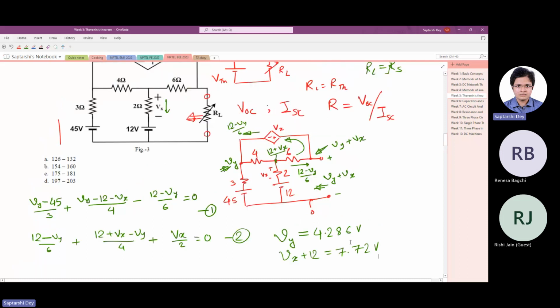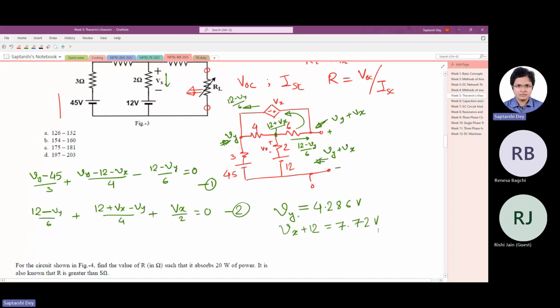No, wait a minute. I took it from somewhere else. It should not be 4. Did you open circuit or short circuit this? Wait a minute. I took this equation from a solution I have. It should come 30 volt for Vy, and Vx plus 12 should come as 22 volt.